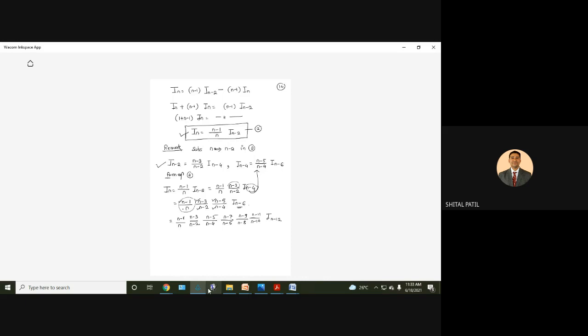Again we have to subtract 1 each time. Getting everyone? This is the reduction formula for the sine term.